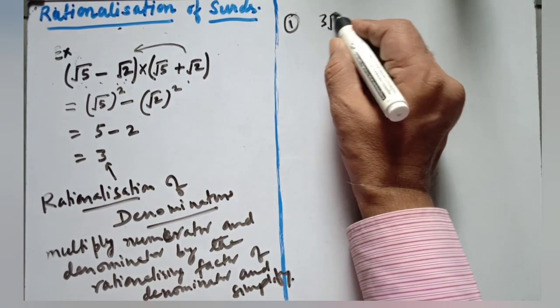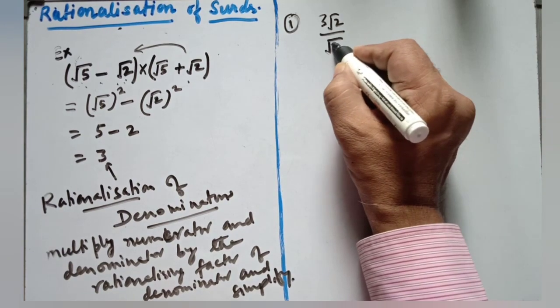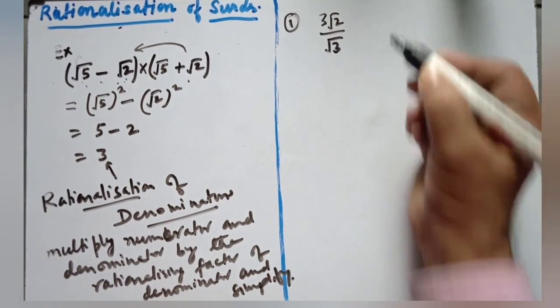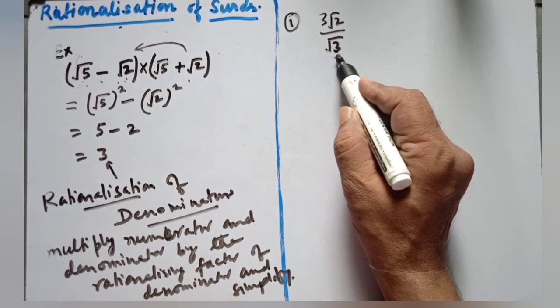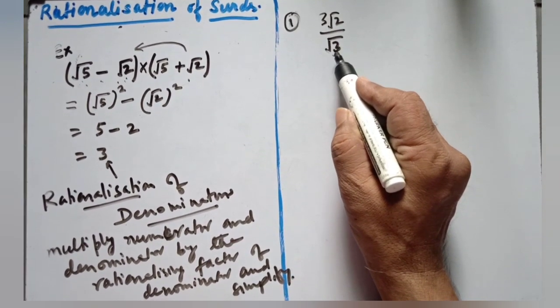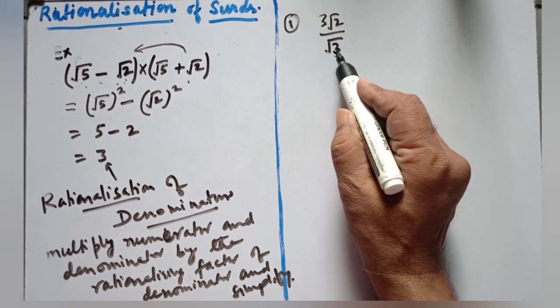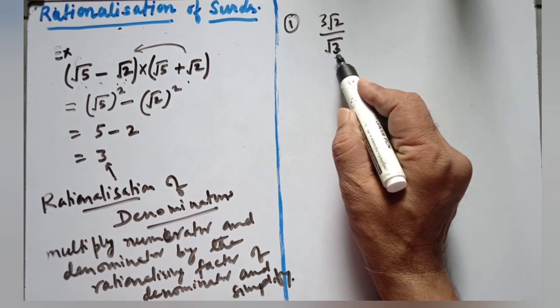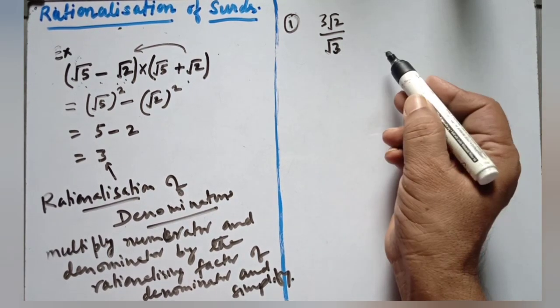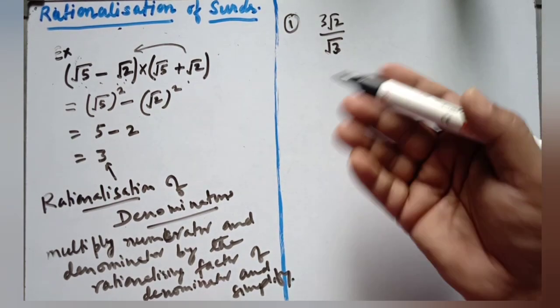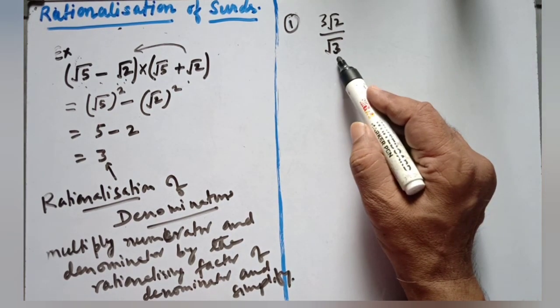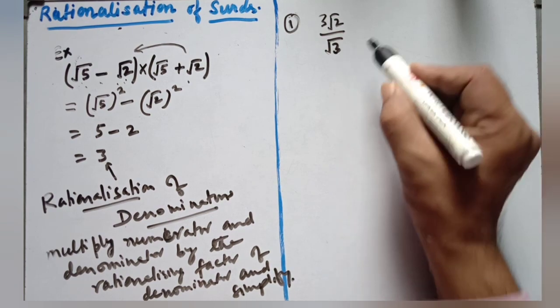So the first one: 3 root 2 by root 3. What is the denominator? Now you find the rationalizing factor of the denominator. The denominator is root 3. The rationalizing factor of root 3 is root 3. You can take any other rationalizing factor, but the simplest one which comes to our mind is root 3.